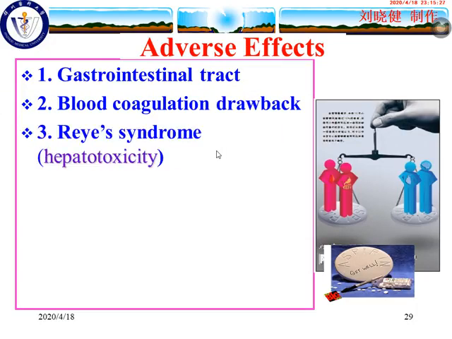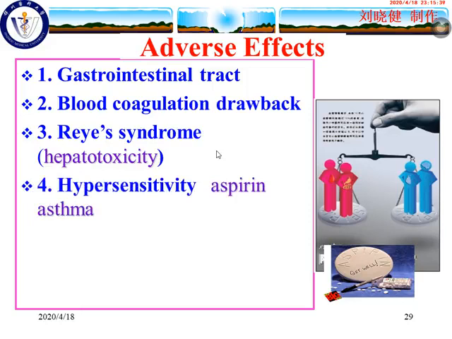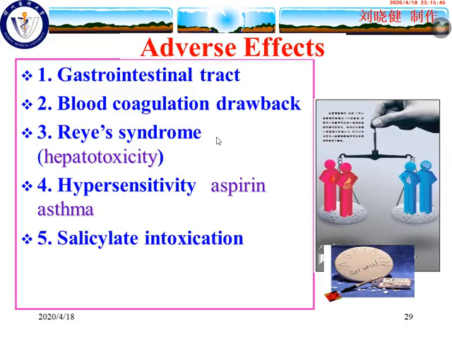They include gastrointestinal reactions, blood coagulation drawback, Reye's syndrome. Actually, it is hepatotoxicity, hypersensitivity, including aspirin asthma, salicylate intoxication, and renal injury. Let's study one by one in detail.